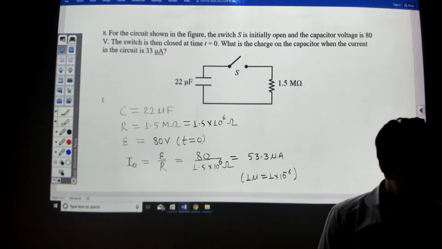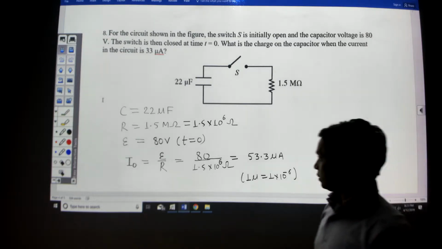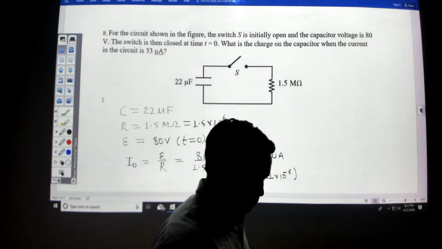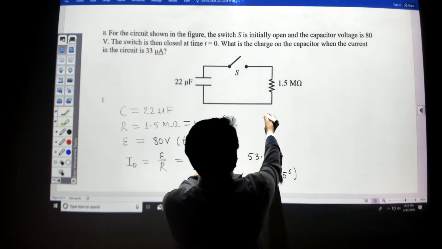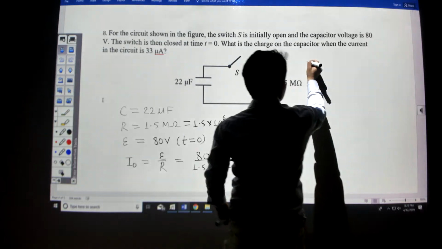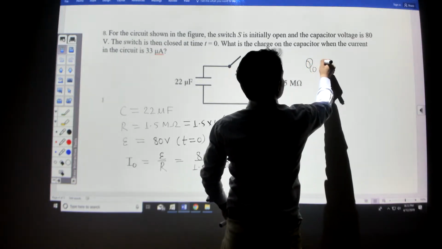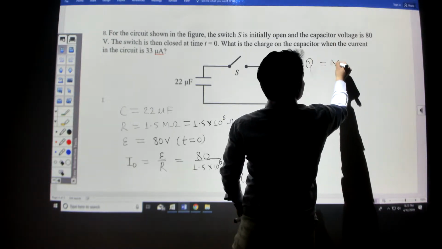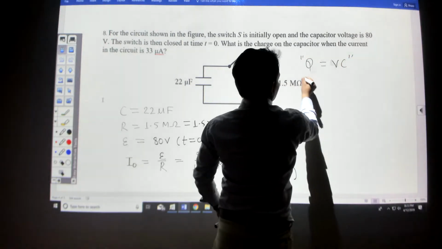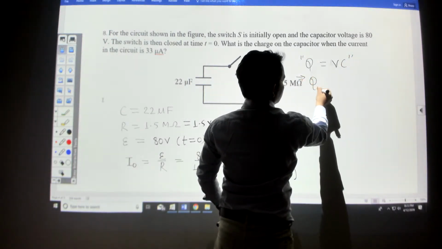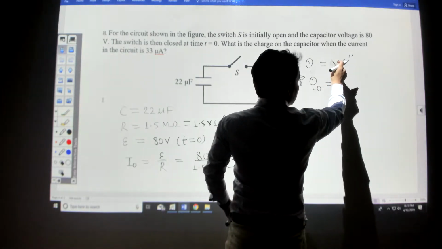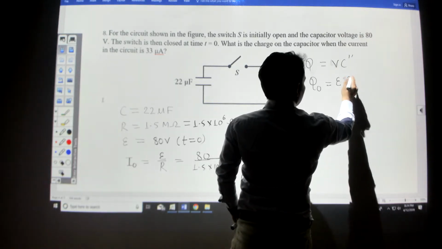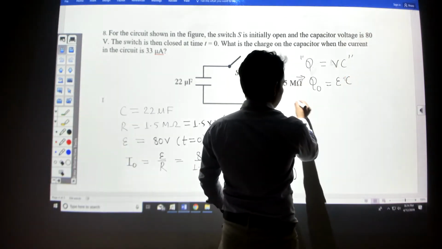Now let's also find out what is the charge onto the capacitor at the time t equals to 0. The initial charge Q naught, you remember this formula, Q is equal to V times C. This initial charge is represented by Q naught, and this is the initial potential across the capacitor, which is epsilon C, or the voltage at time t equals to 0.